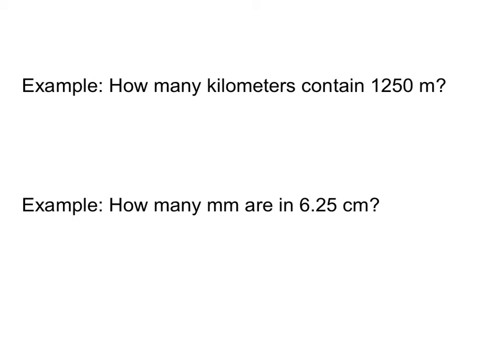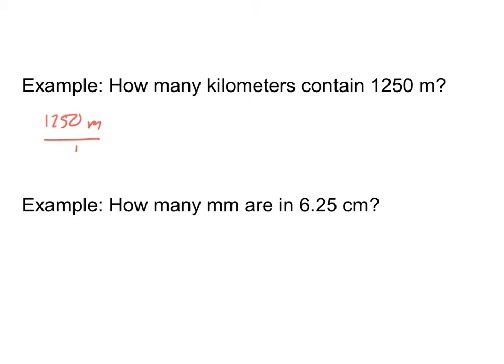So here are a couple of examples about how to use dimensional analysis with the metric prefixes. I'm going to start with meters and convert to kilometers. In this particular problem, my given is 1,250 meters, and I always start by putting that over 1. I'm going to look for my conversion factor.